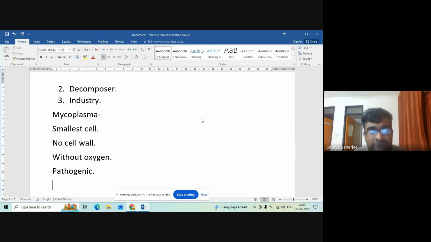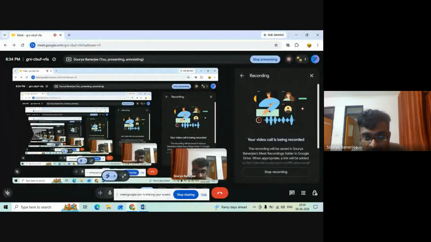Now the question is why four characters? How will the questions come? Either they can ask to define mycoplasma, for 2 marks. In 2 marks, 4 points are a must. Or they can ask to write two characters of mycoplasma. In that case, two characters are enough. But in case of MCQ, there is a trick.